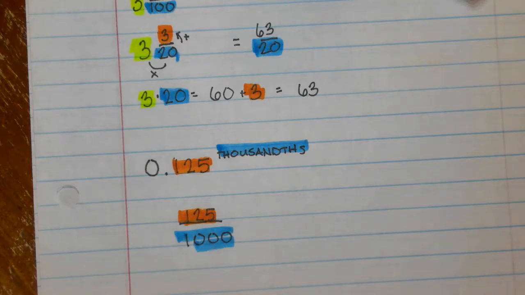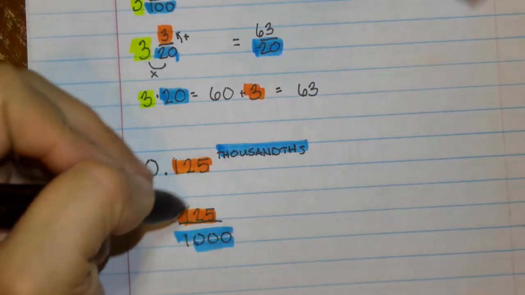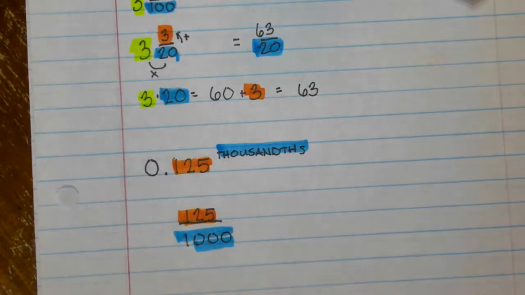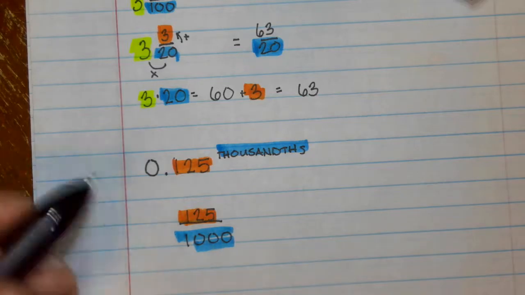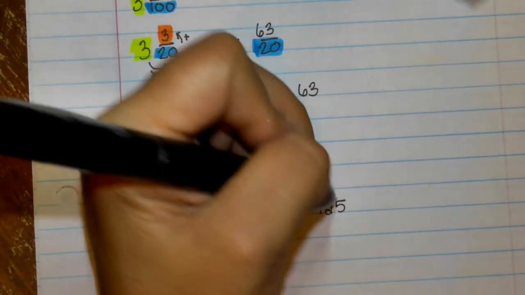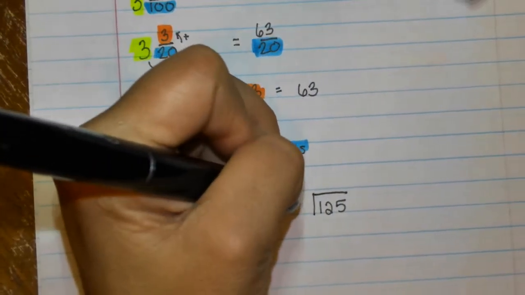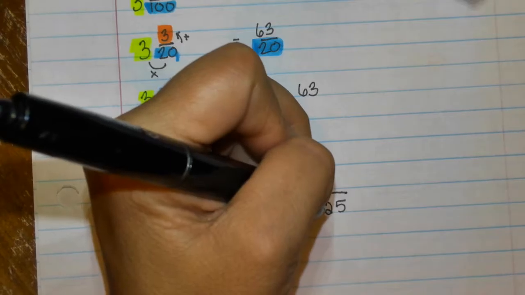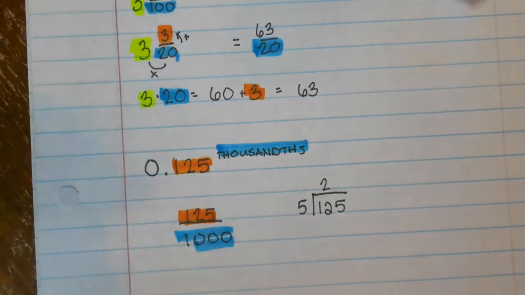With 125, I want to break this up and divide it by 5. How do we do that if we can't do that in our head? I want to group them into 5s. 5 goes into 12 2 times.